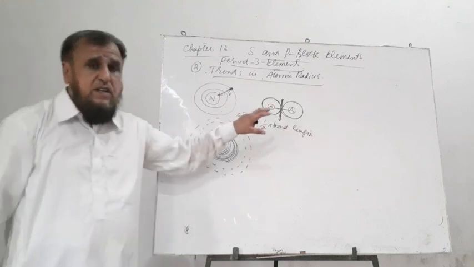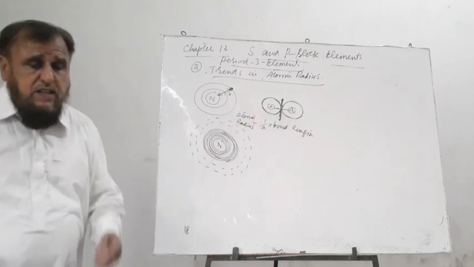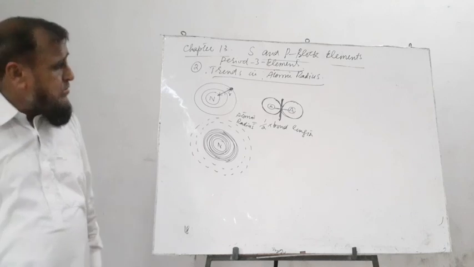Atomic radius is one half the equilibrium internuclear distance between two atoms in close contact.